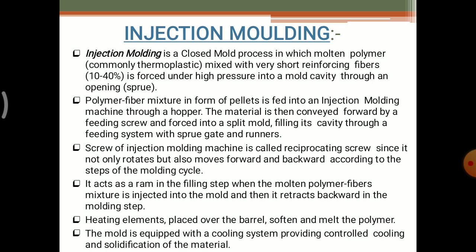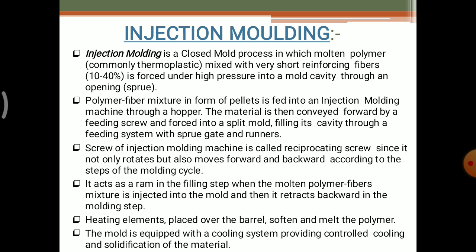In the production technology subject, different types of patterns were used. One of them is the closed pattern, the split piece pattern, which has the upper die and the lower die. The screw of the injection molding machine is called a reciprocating screw, since it not only rotates but also moves forward and backward according to the steps of the molding cycle.